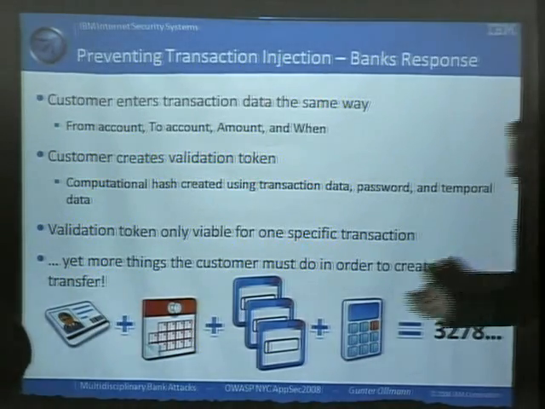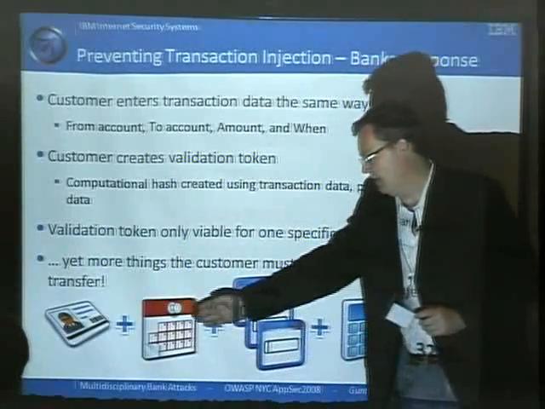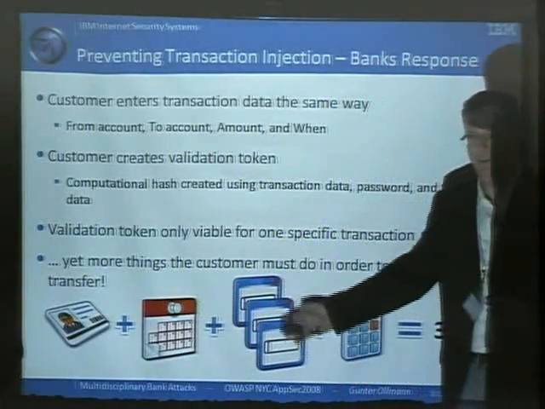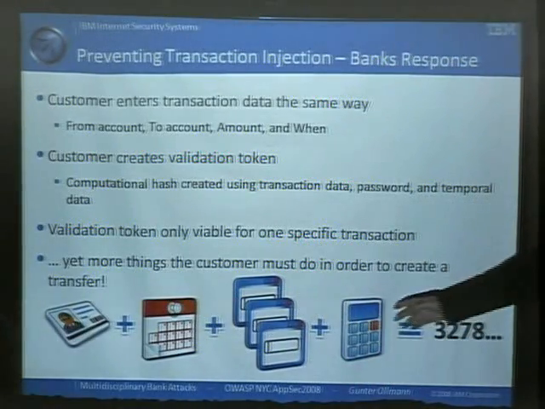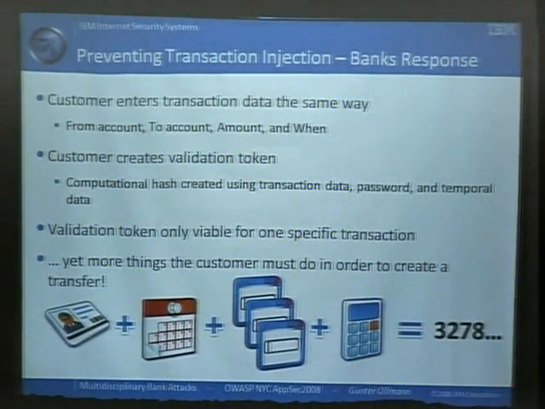We take the user's identity, a date timestamp, and all the details about how much money is in the two accounts, and then we give them a physical device to calculate it, with some randomness in it, to generate a unique key. So the only way to get a second transaction is if someone has to go through this process of keying these things back into their calculator to carry out that transaction.